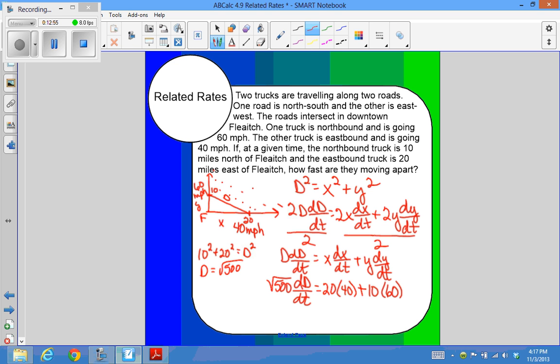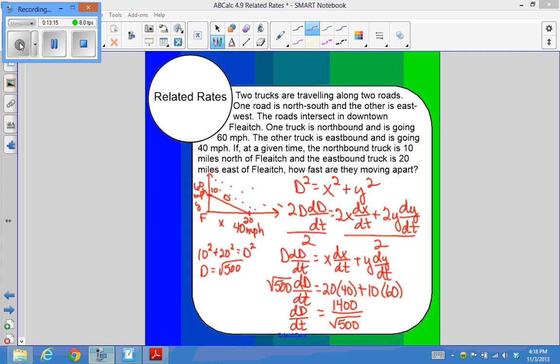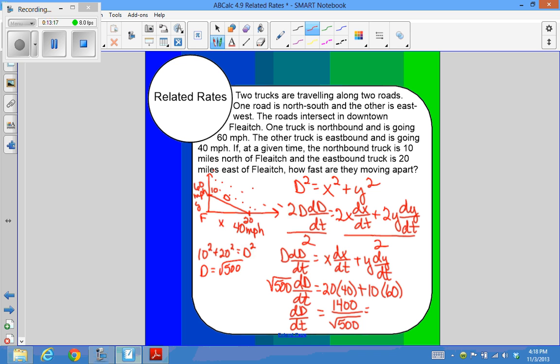And so I end up right here with 800 plus 600, so 1400 over the square root of 500 will be my dD/dt. So let me grab my calculator. That is 62.610 miles per hour. And so there we go. I think that looks good. There's our rate of change.